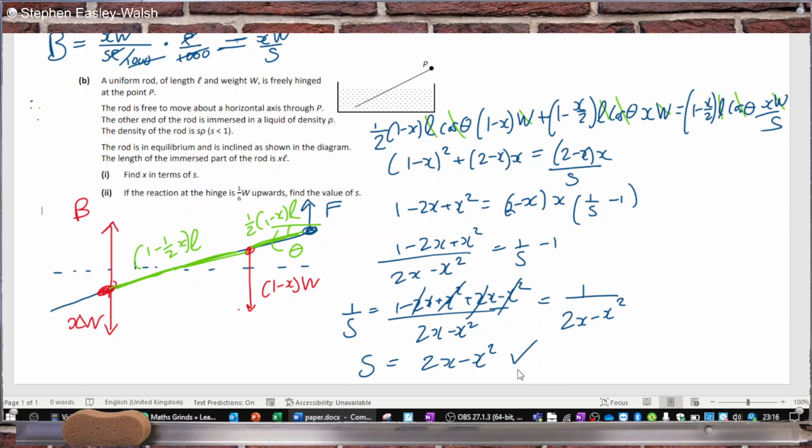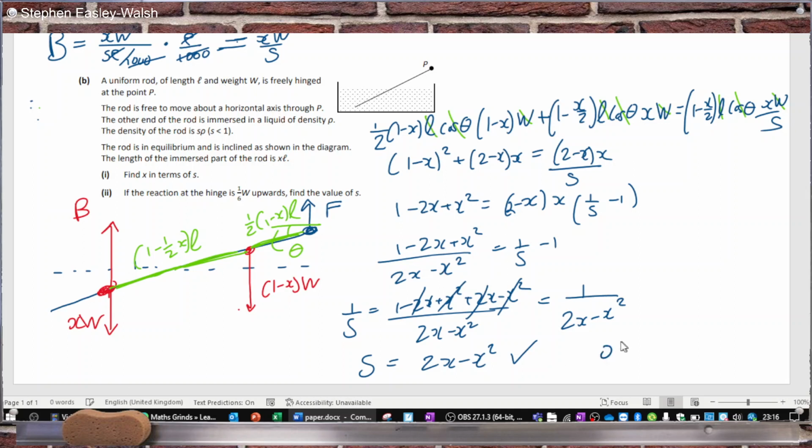Find the reaction. If the reaction at the hinge is 1 over 6W, find the value of S. So what can we say? I guess we can say the buoyancy, which would be XW over S. Oh, I'm not quite finished actually, because it said find x in terms of S. Okay, not finished yet.